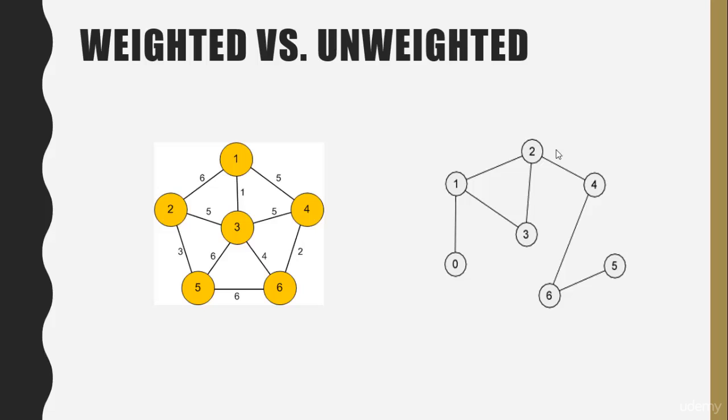The difference between weighted and unweighted graphs becomes particularly apparent in finding the shortest path between two vertices. For unweighted graphs, the shortest path must have the fewest number of edges and can be found using the breadth-first search algorithm. Shortest paths in weighted graphs requires more sophisticated algorithms.